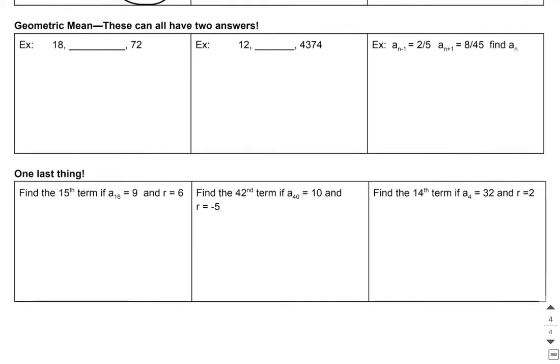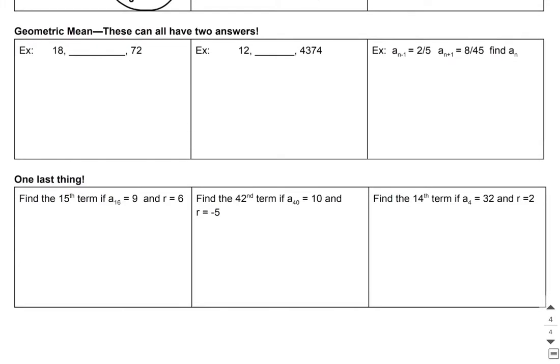All right, for the geometric mean, to find it we take the nth root of x sub 1 times x sub 2 times x sub 3 times all the way to x sub n.